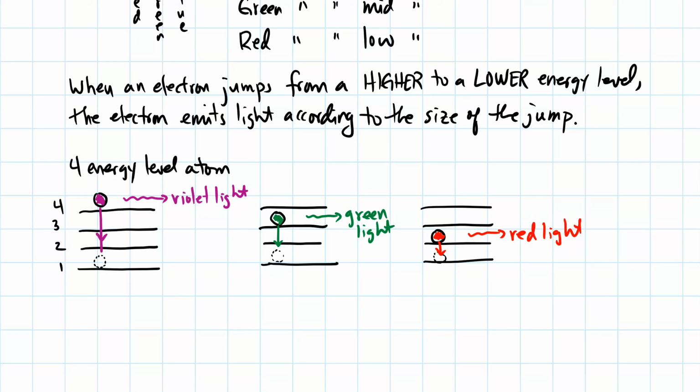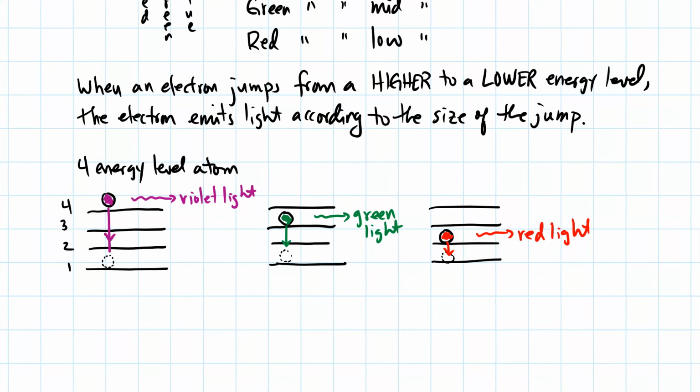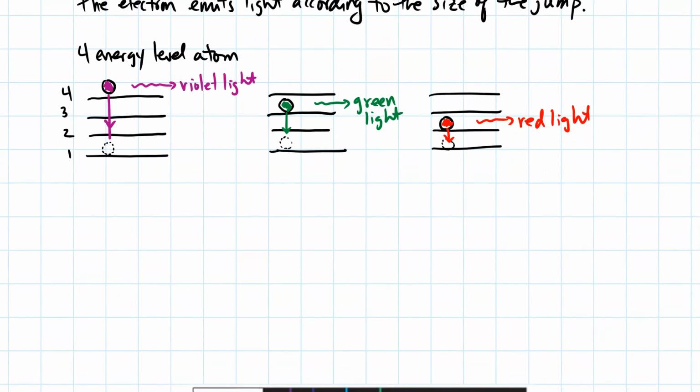So if I had an electron that could jump like this here, this is what you would see here. So let's say that these are the only 3 possible jumps. It turns out that there's more.